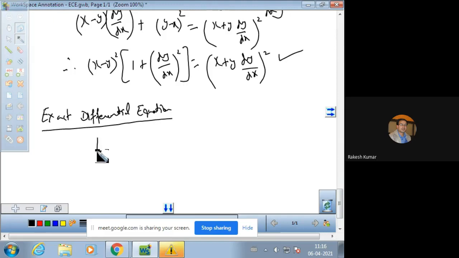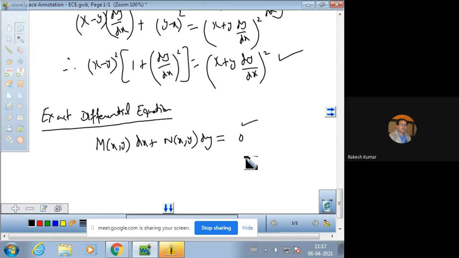Consider a differential equation of the form M(x,y) dx plus N(x,y) dy equal to 0. Now there is a simpler way to check the exactness of the differential equation, and this equation can be an exact differential equation.